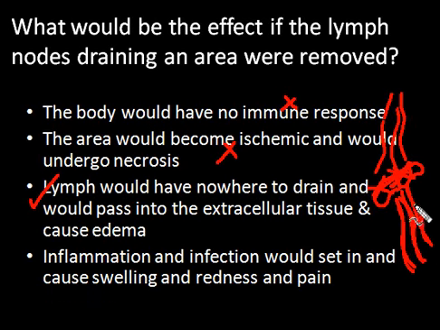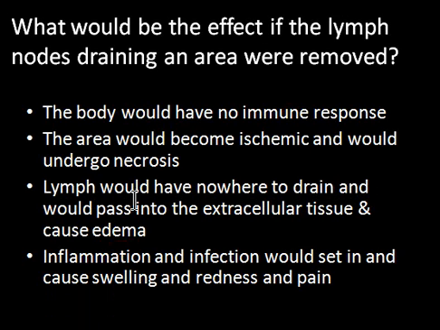The pressure inside them rises. So then lymph is thrown out into the extracellular tissue, and therefore the extracellular tissue spaces now are filled with fluid, so they become swollen, and that causes edema. And in fact, that also results in pain, because nerve endings in that area are compressed, and that causes the pain. So therefore this is the correct answer.